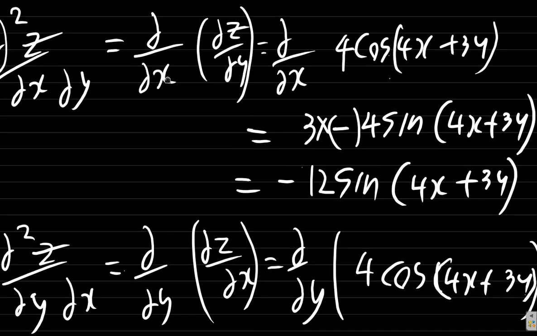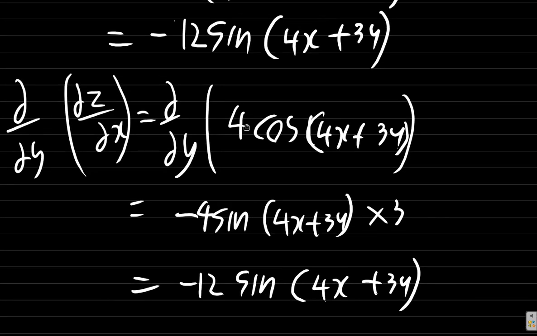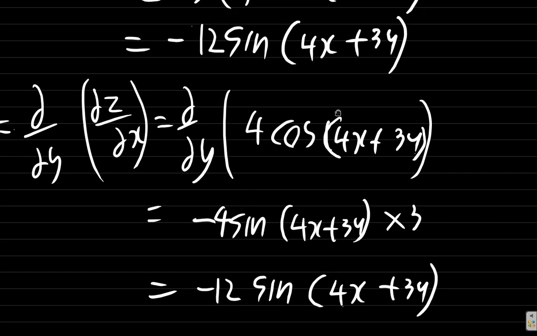This was x, and then we differentiate with respect to y. We have 4 cos something. We differentiate that. We get negative 4 sine of that thing. Multiply by the derivative of the inside function. You differentiate with respect to y, you get 3. So 3 times 4, it's negative 12 sine 4x plus 3y. So you see, you get the same thing here in both cases.